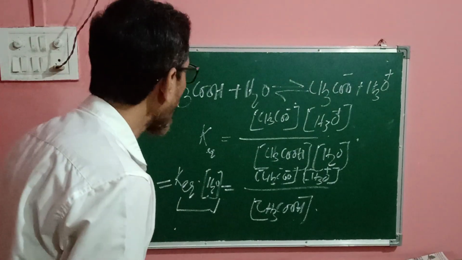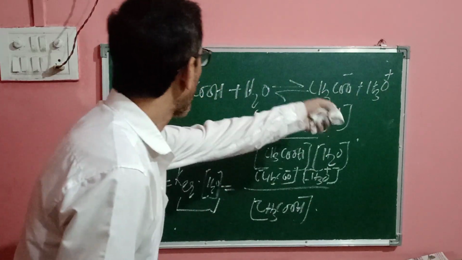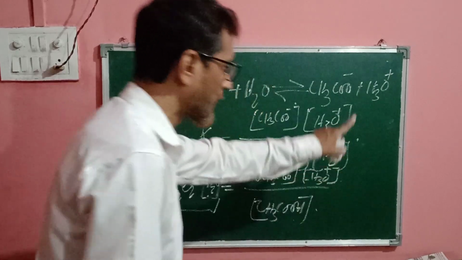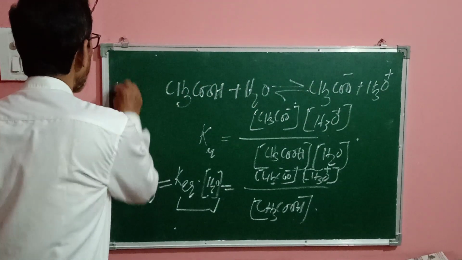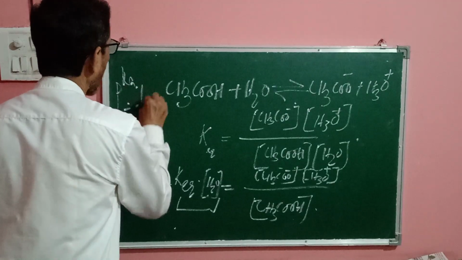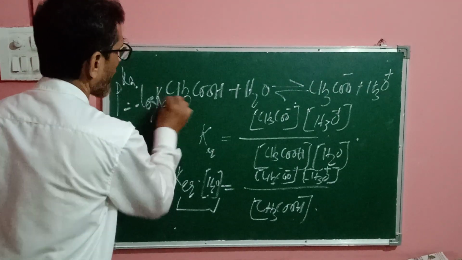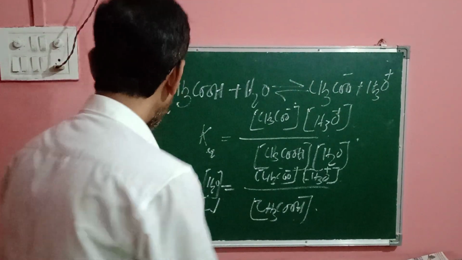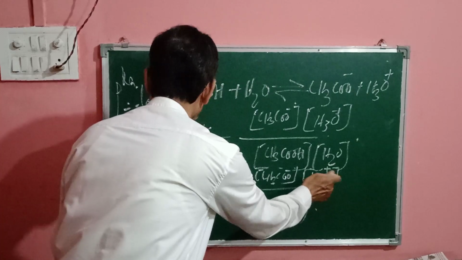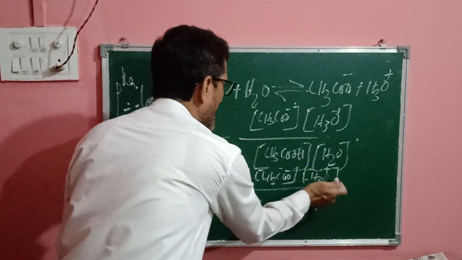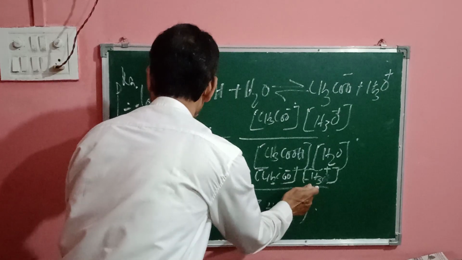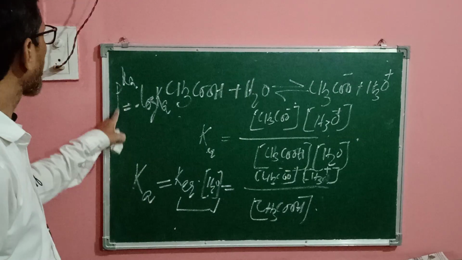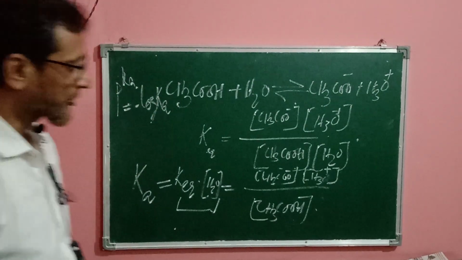So the dissociation constant Ka, which I have written earlier, is equal to K equilibrium into the hydrogen ion concentration, equal to this. And we know pK is equal to minus log Ka. So the relation is reverse. One is inversely proportional, the other is directly proportional. It is directly proportional to ionic concentration. If the value of K is more, it is more acidic. If the value of K is less, it is less acidic. Since pK is equal to minus log K, it is inversely proportional. Am I right?